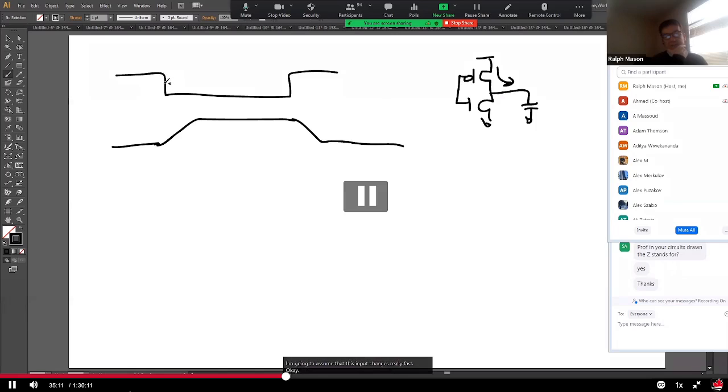So the 50% point is the time when it occurs, and if this is a straight line, I'm going to assume this 50% is right here. This is my simplified version where I'm measuring the delay, T delay low-high. And likewise over here, this is my T delay high-low.